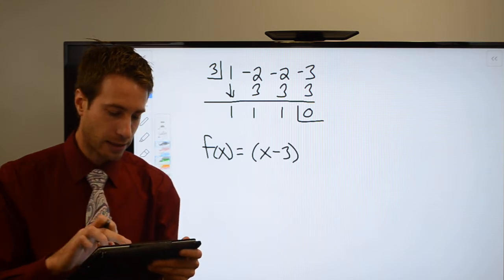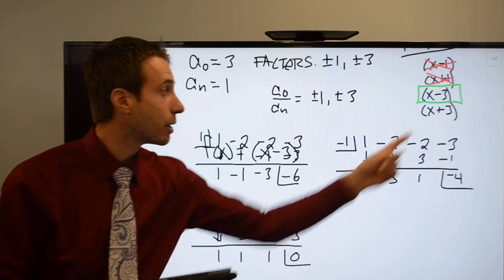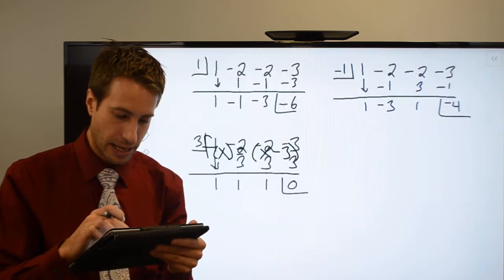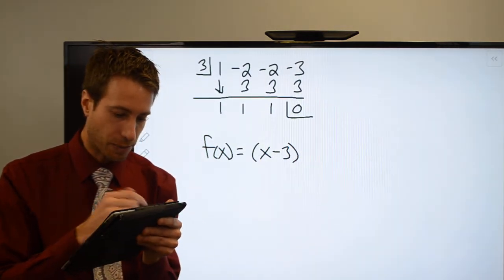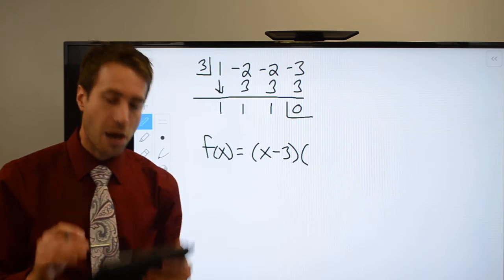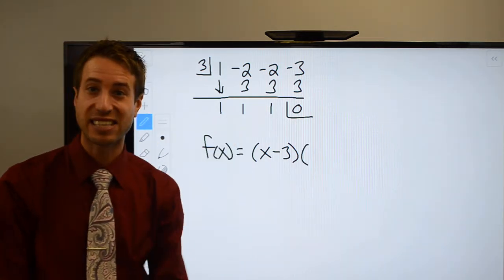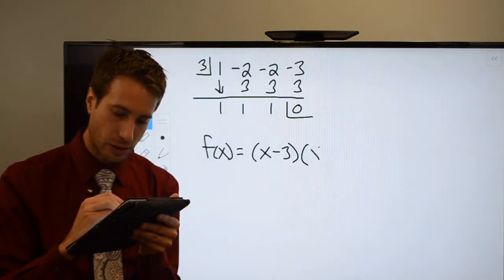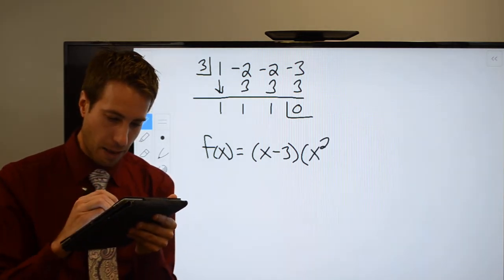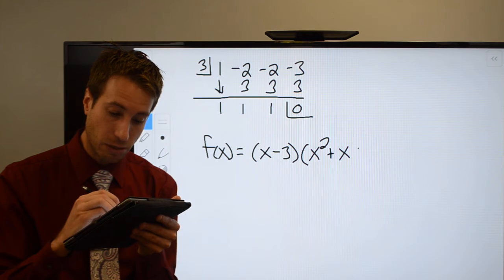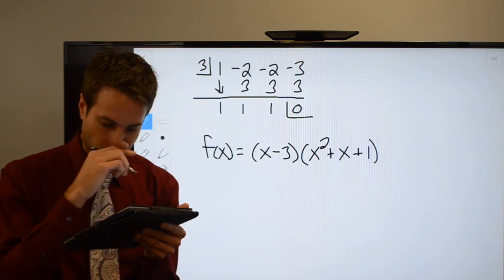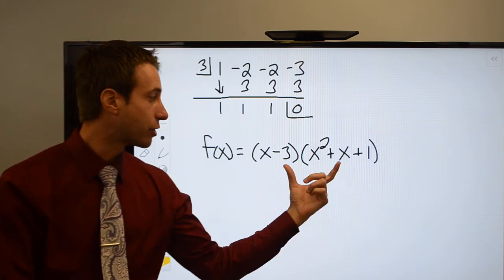That was the factor that worked, x minus 3, and my reduced polynomial. My original polynomial was degree 3, which means this is going to be a second degree. So x squared plus x plus 1. All right, so these are my factors.